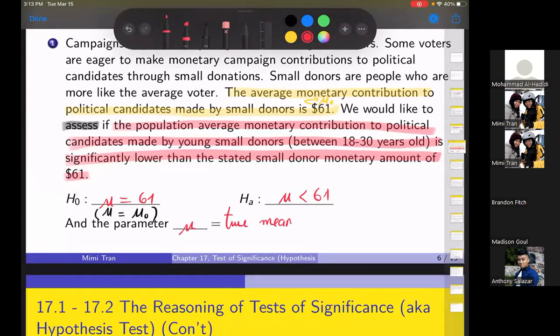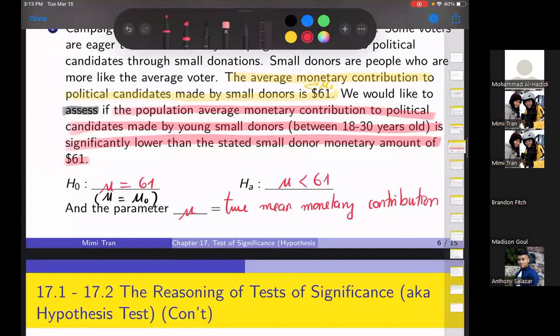And then now the context: the true mean monetary contribution to political candidates made by young small donors between 18 and 30 years old.